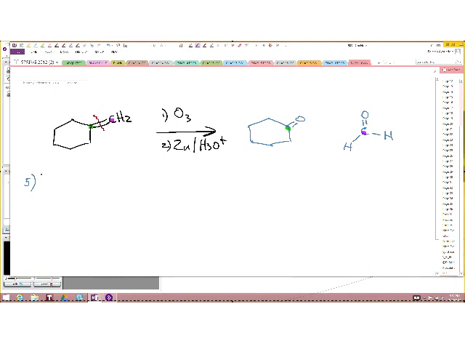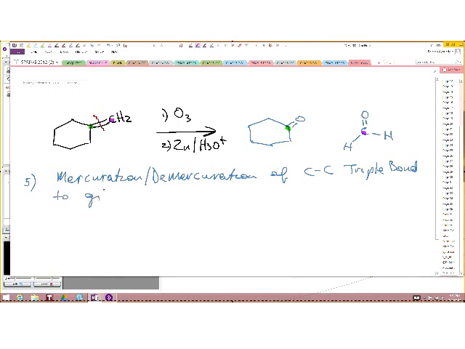Okay, mercuration, demercuration of carbon-carbon triple bond to give ketones.